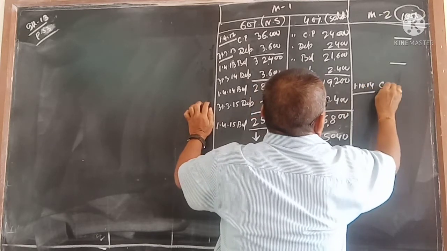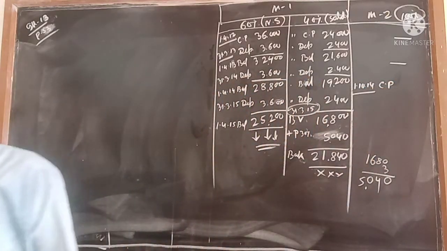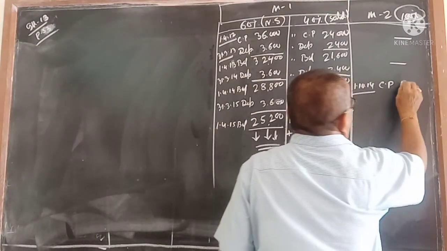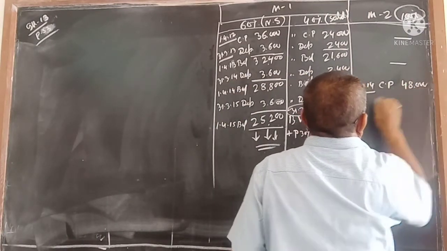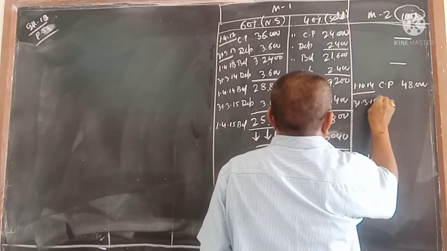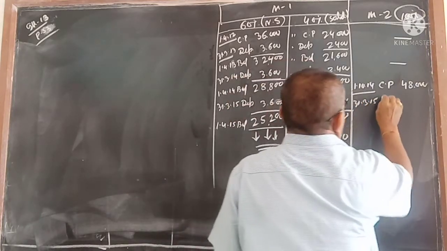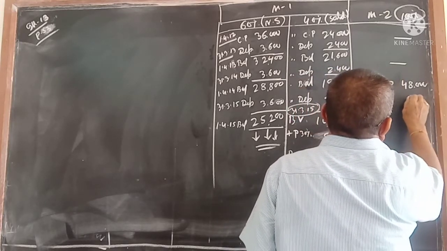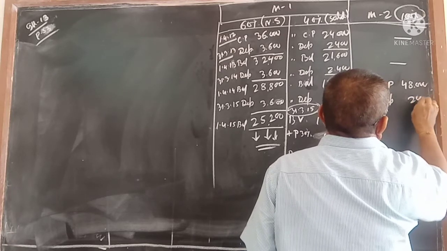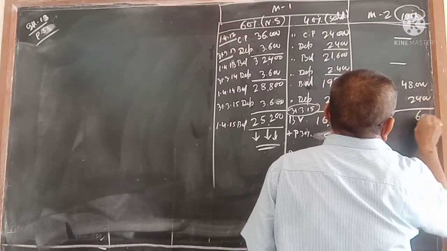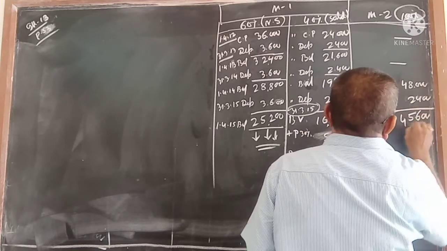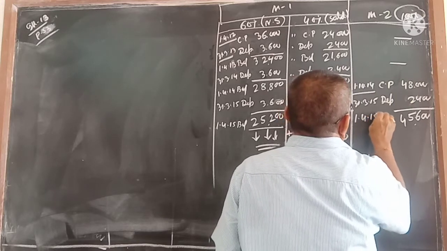The CP of the second machine was how much? 47 plus 1, 48, and on 31st 3/15 charge of depreciation 10%. 10% comes to how much? 4,800. But only getting half, 4,800, 2,400. So it is coming 4,600 at 3/15. This is 1/4/15 values.